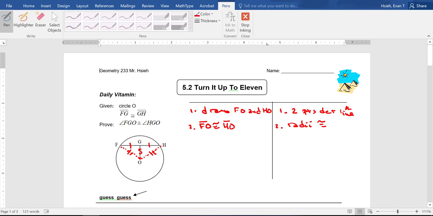So I got a reflexive down the middle here. GO is congruent to itself. And hopefully you can see that the triangles are congruent by SSS, and then this is going to be by CPCTC. Okay? I'm not going to write out the rest of that proof. It's a pretty simple proof.